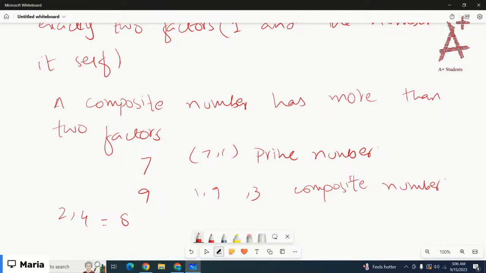So 2 and 4 are the factors of 8 because 2 and 4 can evenly divide it. Or you can say a factor is a number that can evenly divide a specific number. So 2 and 4 can evenly divide 8. Got it now?